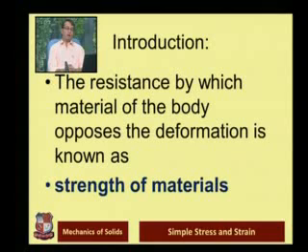Before we use any material, we need to see the strength of that particular material. Suppose we design one particular object, let's say a simple stool. If it is designed for humans, then it must be designed to carry a certain load. Before execution, we must know the strength of the material, and that is the importance of the subject.